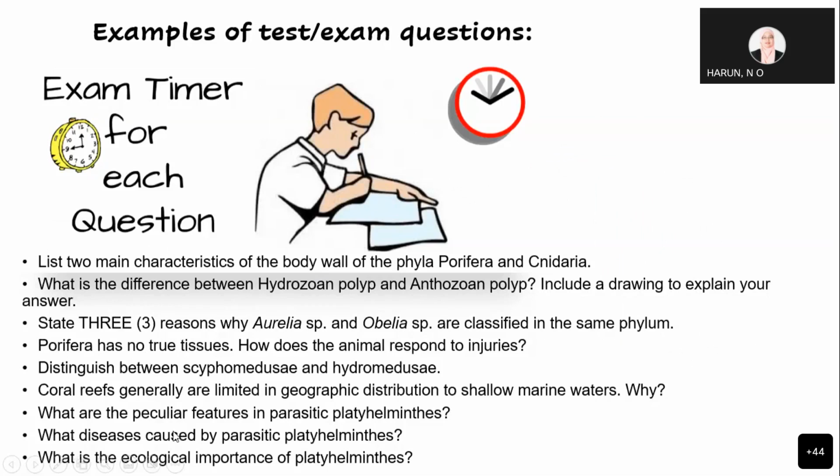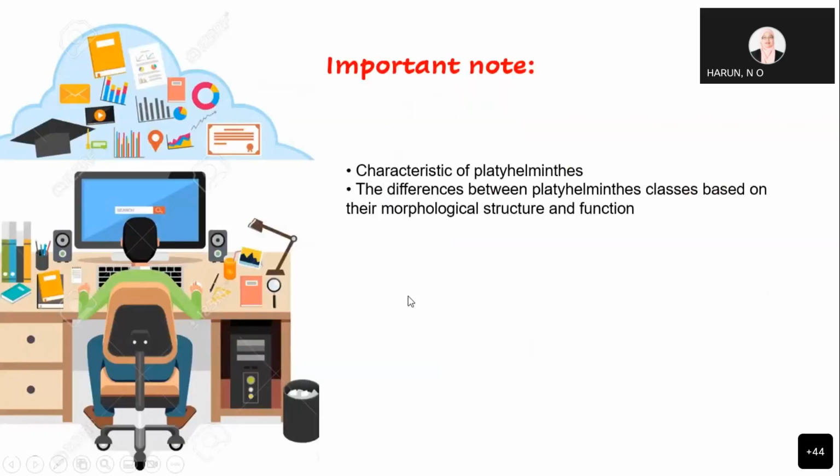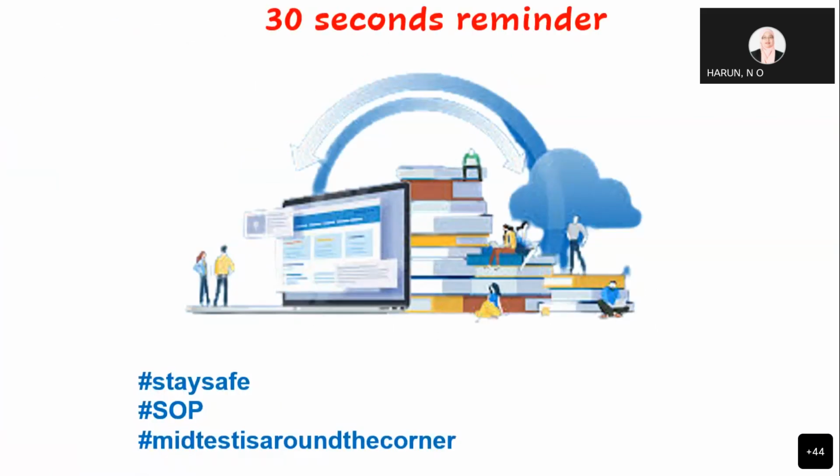The diseases caused by the parasitic Platyhelminthes, and you need to distinguish between Scyphomedusae and Hydromedusae. This is an example that you can think about and look at. The important notes are the characteristics of Platyhelminthes and the difference between the helminth classes. Okay, there are 4 classes just now, right? Trematoda, Monogenea, what else? Another 2.